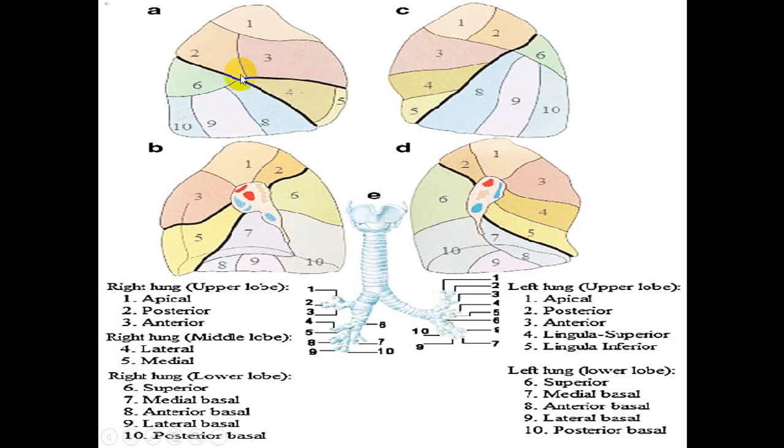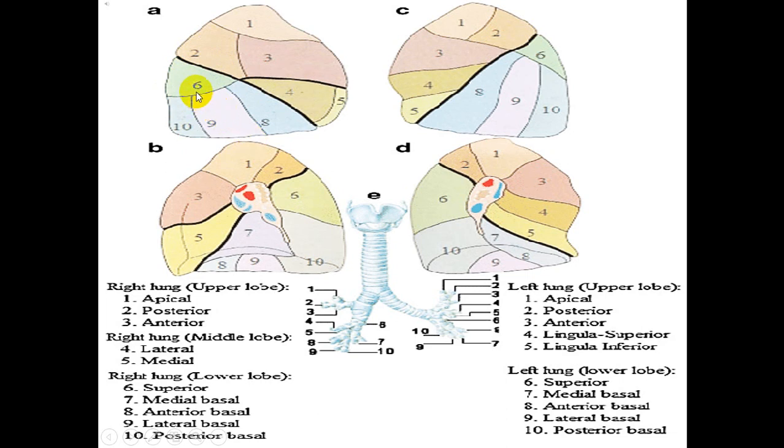Then in the middle lobe we have two bronchopulmonary segments. So close to the anterior border is number 5, which is the medial bronchopulmonary segment, and the fourth one is the lateral one.